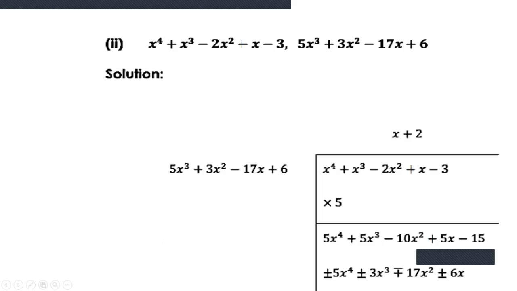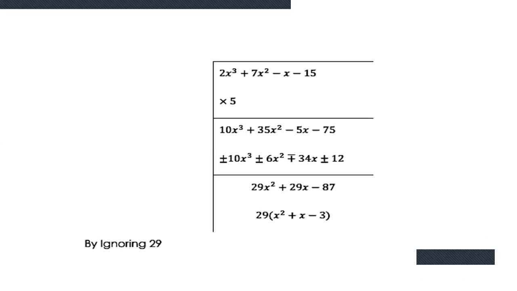If we multiply 5x cube by 2, then 2 fives are 10x cube, 2 threes are 6x square, minus 2 seventeens are 34x, plus 6 twos are 12. So 10x cube plus 6x square minus 34x plus 12.